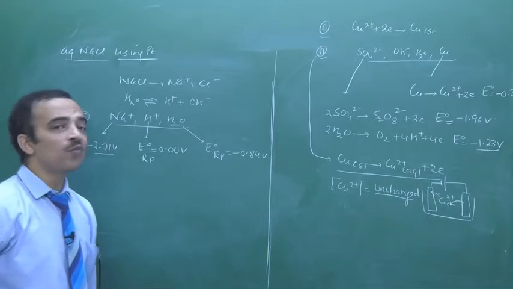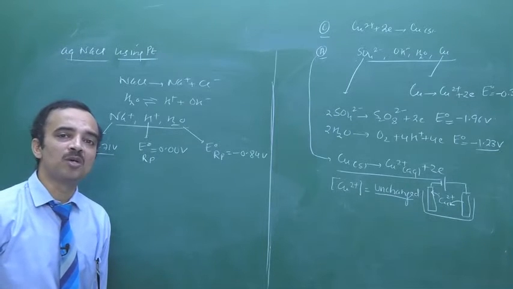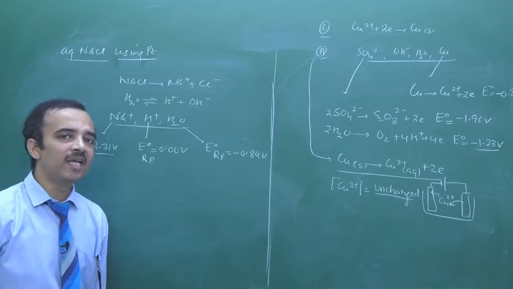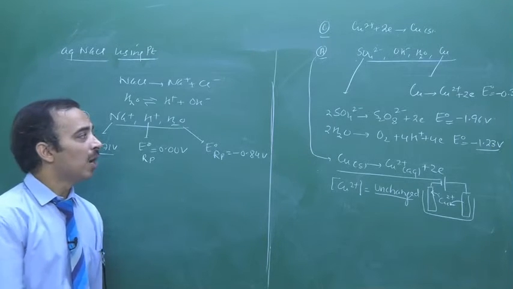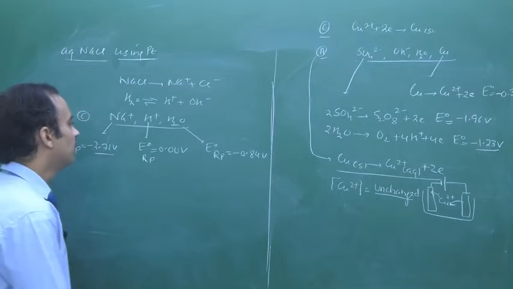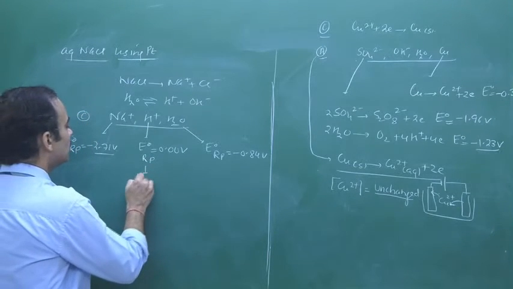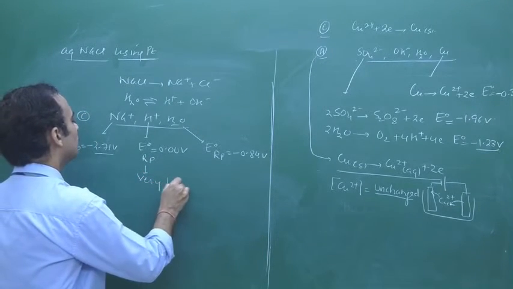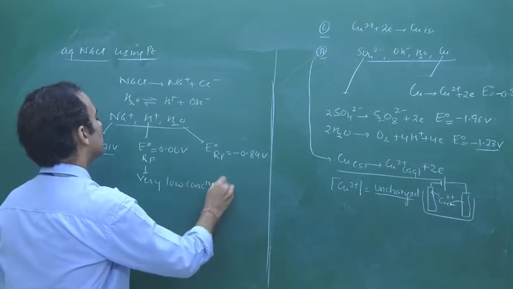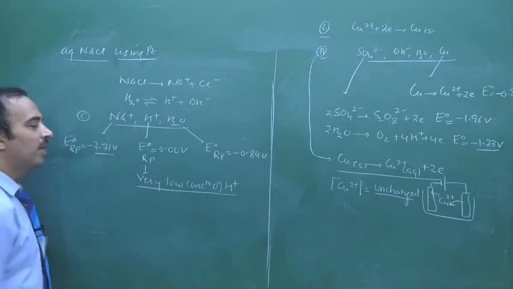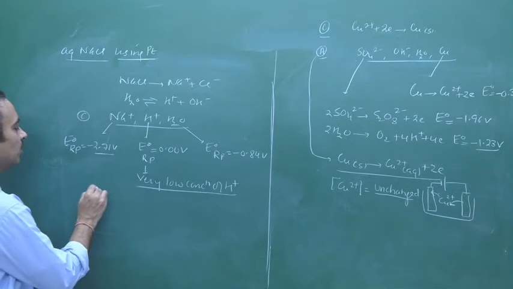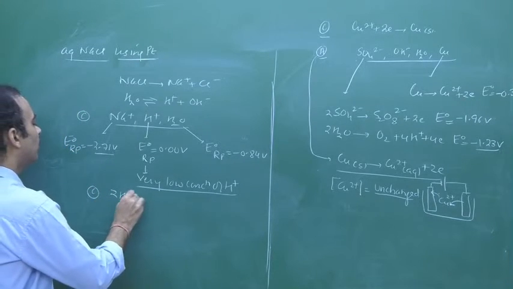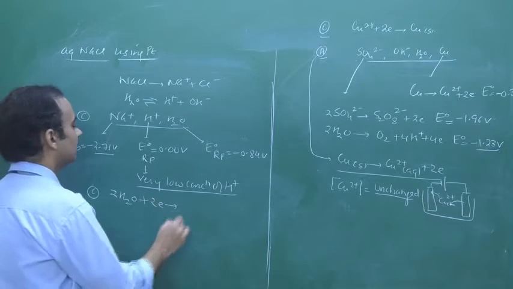But due to the very low concentration of H plus ions, H plus will not be reduced. Now it is the turn of H2O, whose concentration is high. Who will get reduced? Water. So at the cathode we will have this reaction.